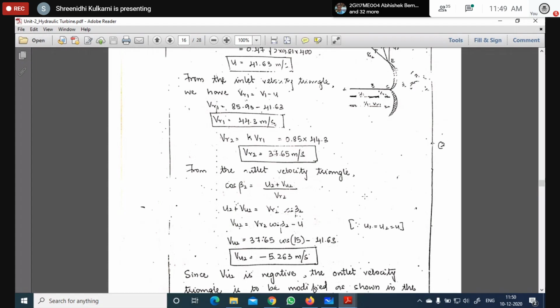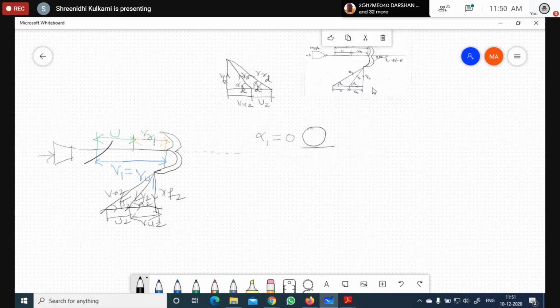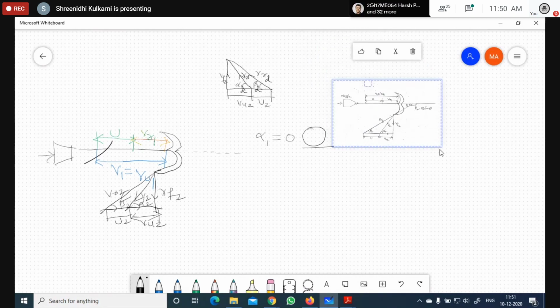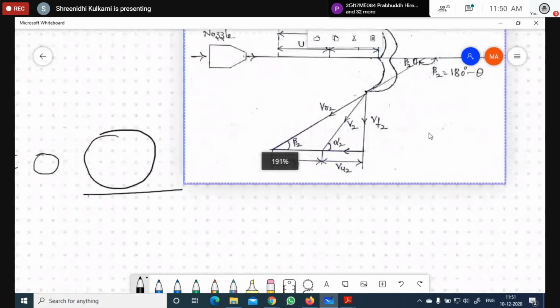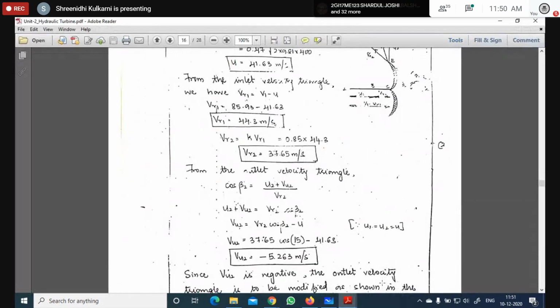U1 is equal to U2, that is equal to U. How much did you get? Minus 5.26. Yes, everyone got minus 5.26.